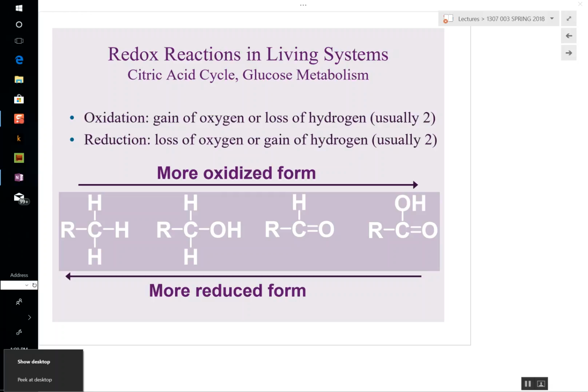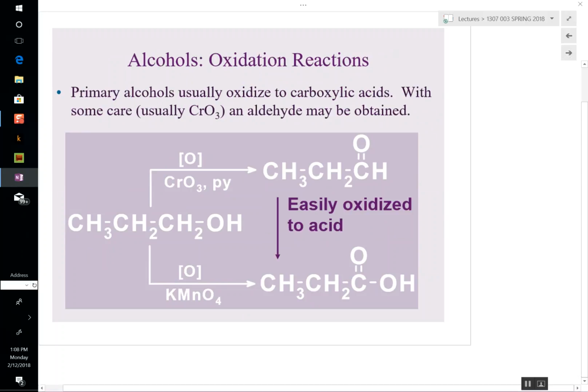You're gonna see things like this popping up as it undergoes oxidation. So here's 1-propanol, a primary alcohol. Now let me try to concentrate on this one, because I'll tell you this.